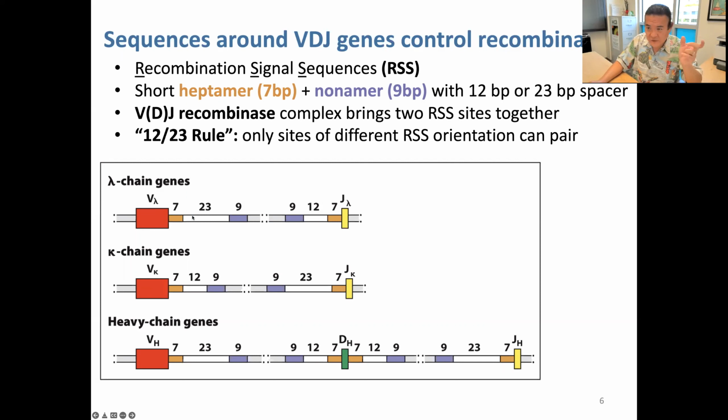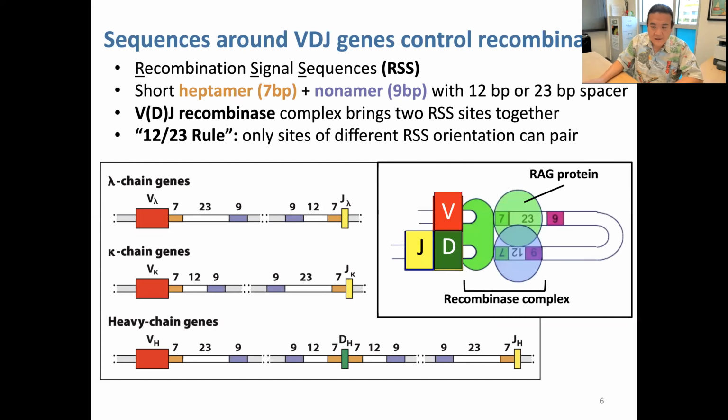And the fact that you have this particular spacing of 7, 23, 9 as an RSS sequence here and 9, 12, 7 makes them compatible. So that's the 12, 23 rule. Only sites of different RSS orientation can pair. So here we have it illustrated here.